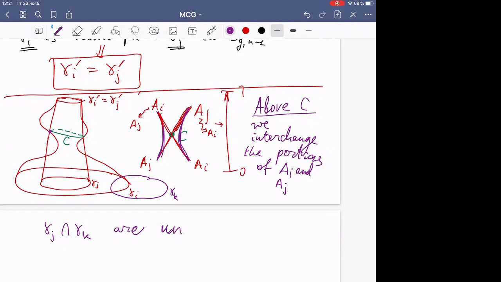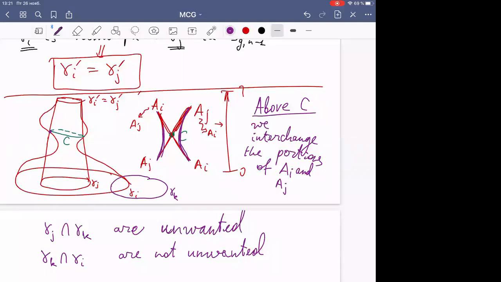We would like to delete them. But intersections of gamma k with gamma I are not unwanted. We allow them in any amount, and we do not want to delete them.